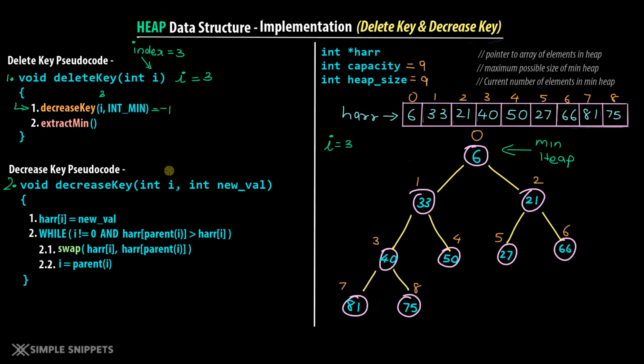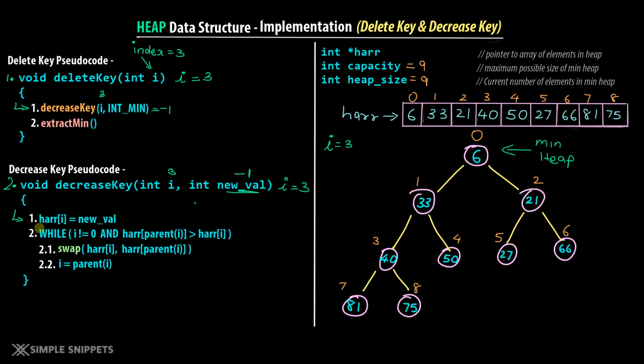So the int I that we passed is 3. So I over here is also, let me write, I equals 3. And this INT_MIN is the int new val. So new val, let's assume it is -1. Remember, INT_MIN is not -1, it is a standard minimum negative value, but for simplicity we are taking -1.